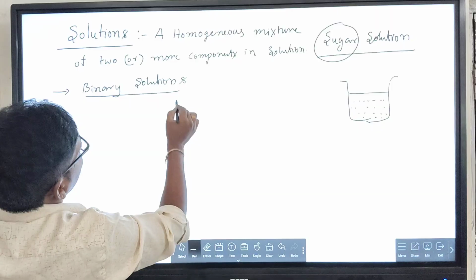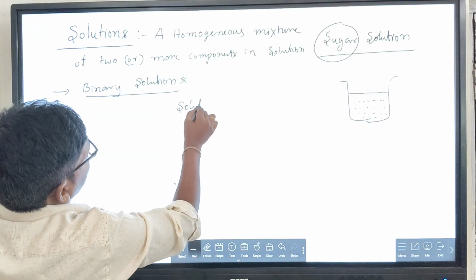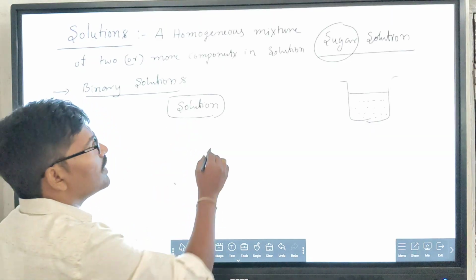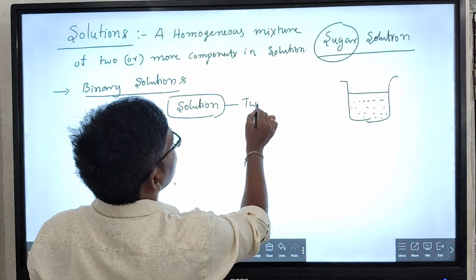A binary solution is nothing but a solution in which only two components are present. How many components? Only two components are present.